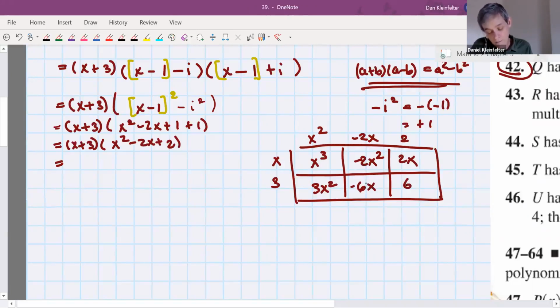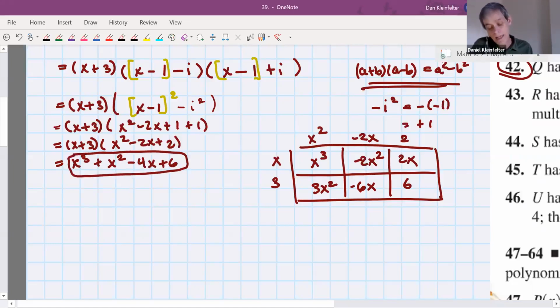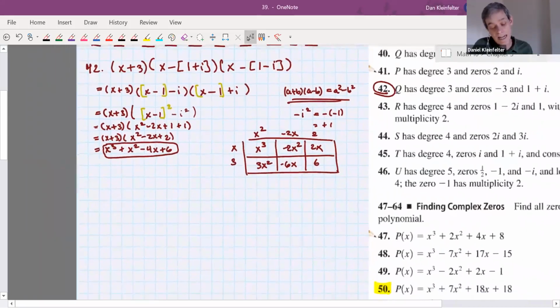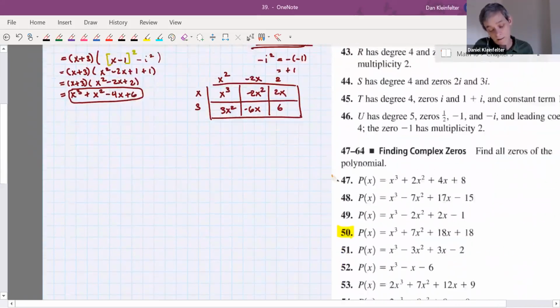Let me make sure that's right. I was talking and writing at the same time. Okay, and so now we can just write down all the terms, starting at the highest degree term first, that's x cubed. We'll have plus 1x squared, and then minus 4x, and a 6. Okay, so this time we built up our polynomial, and it has 1 plus i, 1 minus i, and negative 3 as zeros.